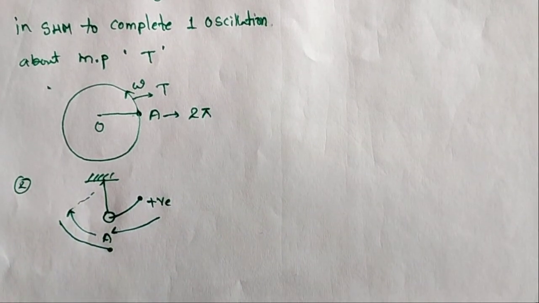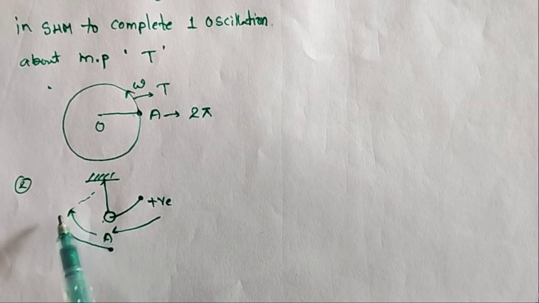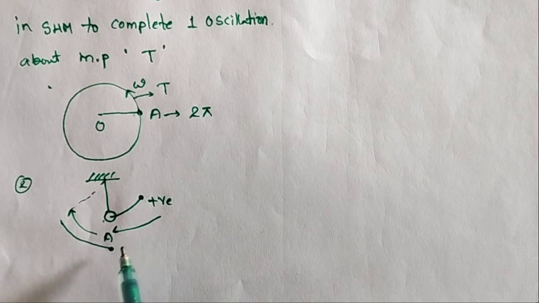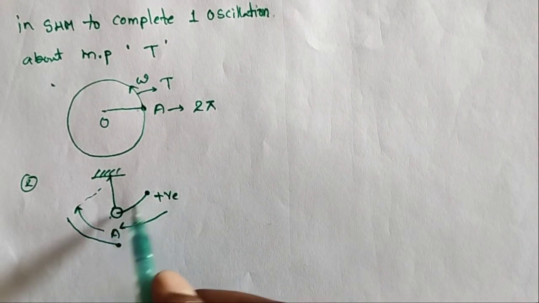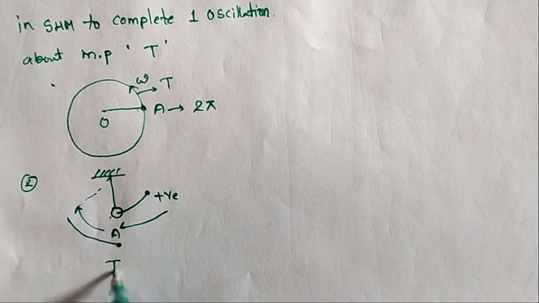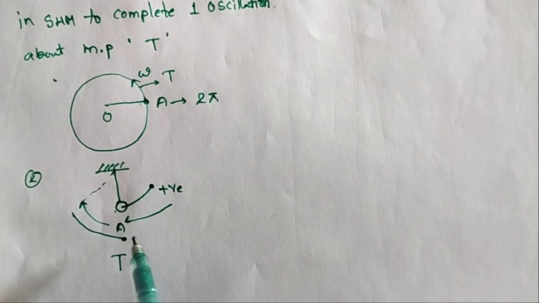This is one complete oscillation. Complete means it is moving right side, coming back, left side, coming back. So this is called a complete oscillation. How much time is taken for one complete oscillation is called the time period.